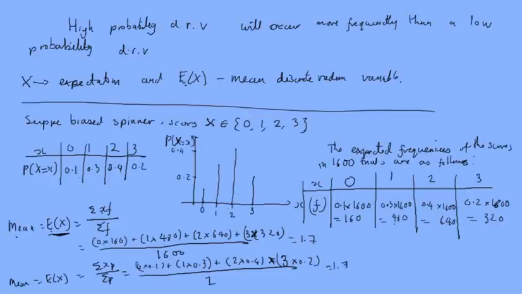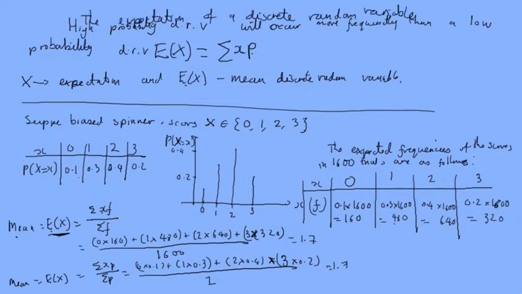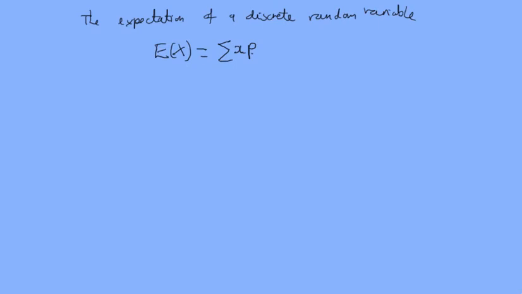So let's just look back on this one. We get our 1.7, and therefore this tells us that for this biased spinner, the mean value, the expected value, would be 1.7, although it's not going to fall on 1.7, but it would be lying somewhere between here, which makes sense, and you could round it up to being 2.